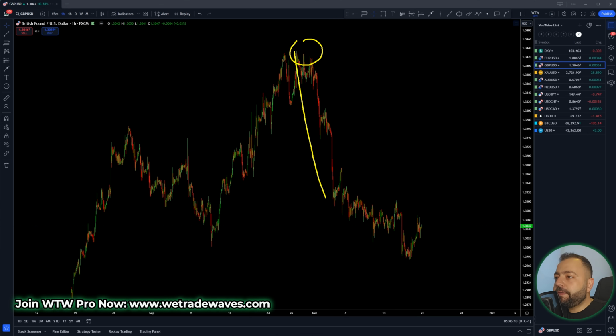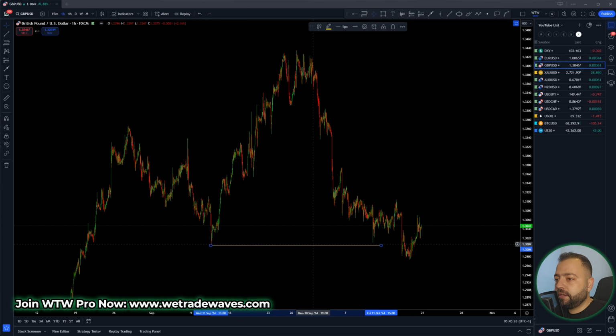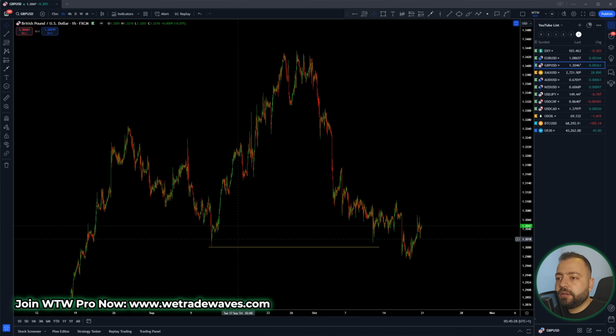We've got this trap here, corrective structure, drop, corrective structure, drop, corrective structure, drop, all of it until this low, okay? And look what happened here. If I just put a line here just for you to see the low and what was happening here regarding the market makers framework, market stopped here and went to the upside.